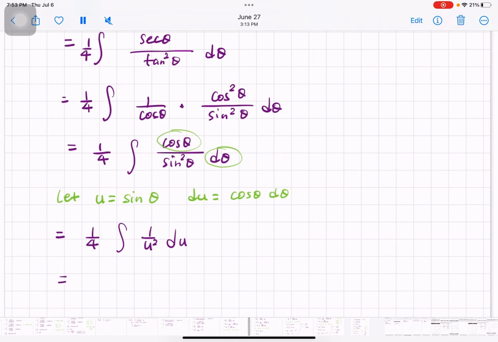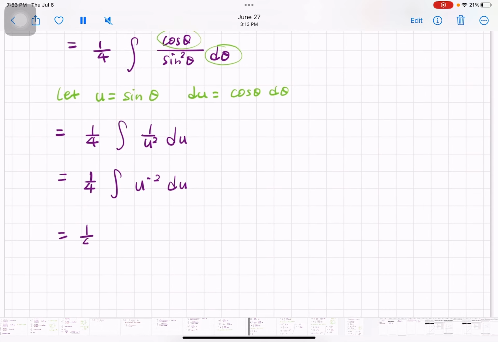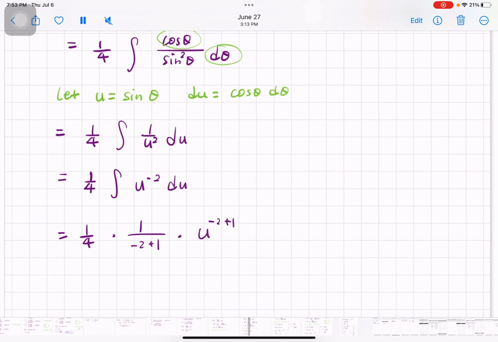The antiderivative of that is going to be 1 over negative 2 plus 1 times u to the negative 2 plus 1, which is negative u to the negative 1 power.